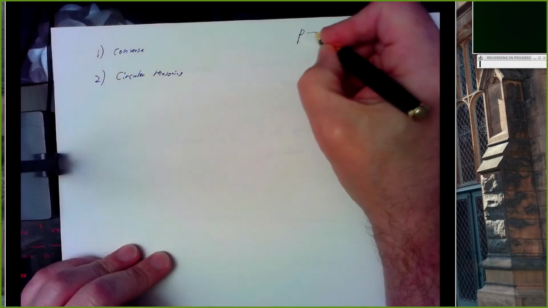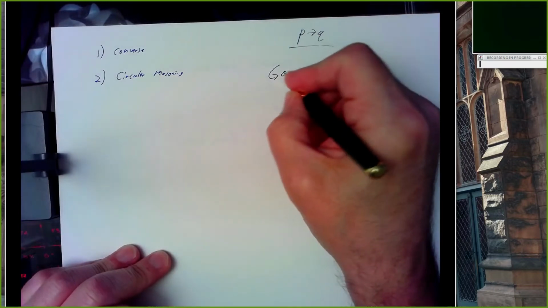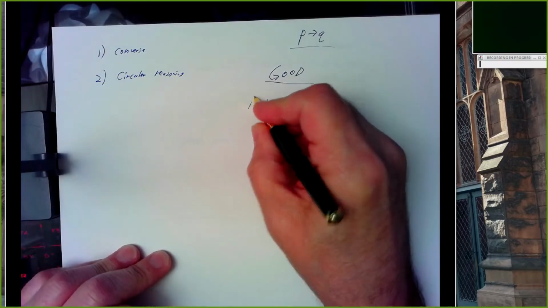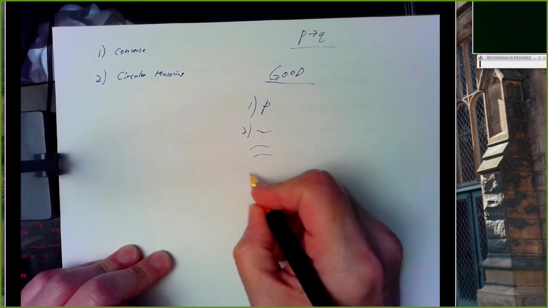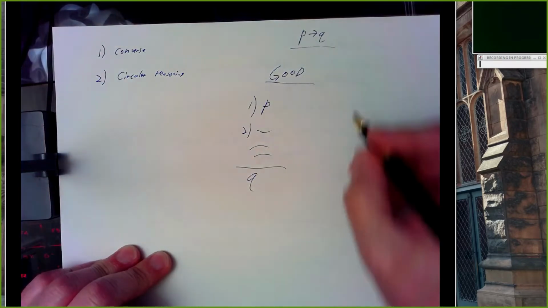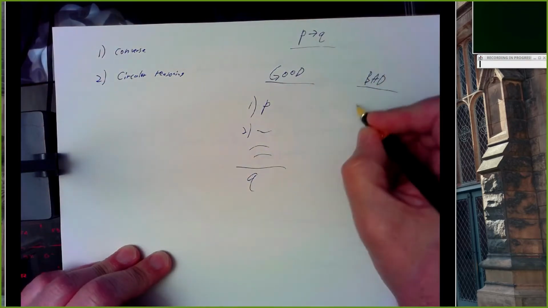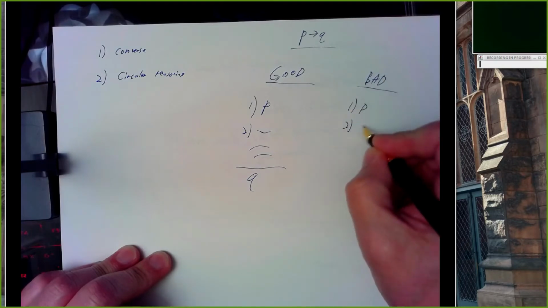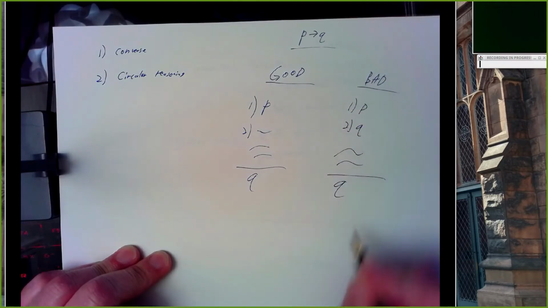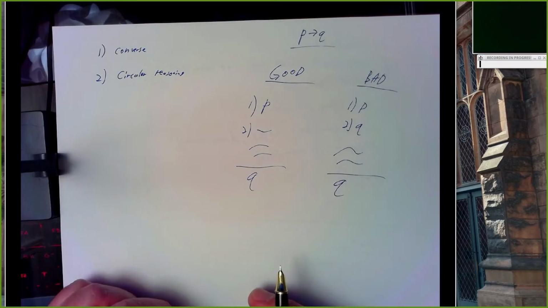So if you're trying to prove if P then Q, you can assume P, you can do some other stuff, and eventually get to Q. That's good. What you can't do is assume P and then assume Q and then do some other stuff and say, hey, look, I showed Q is true, because guess what?